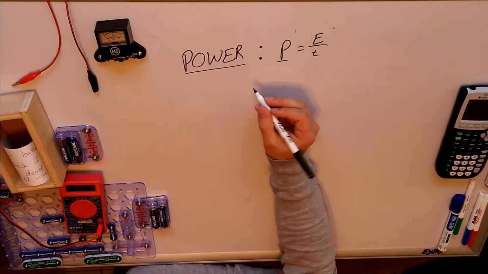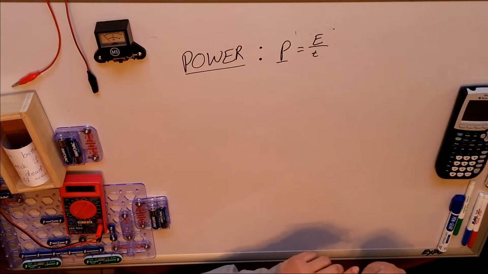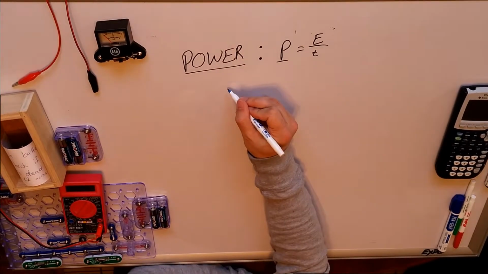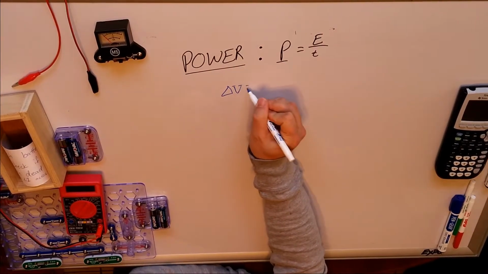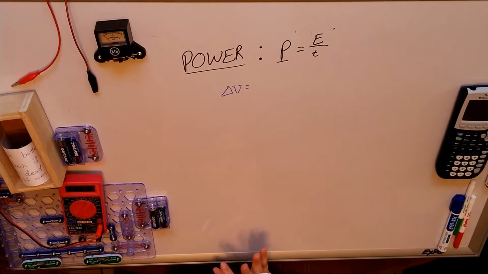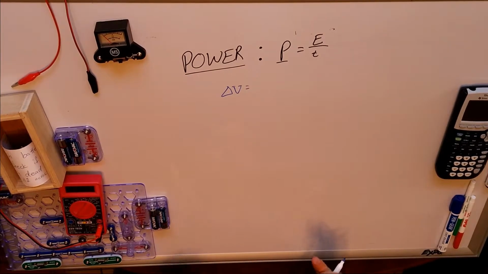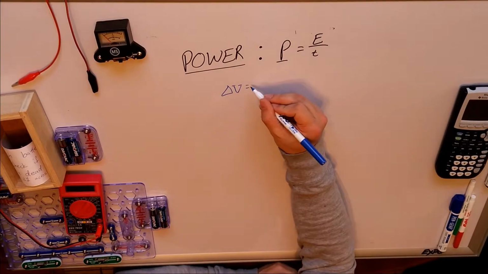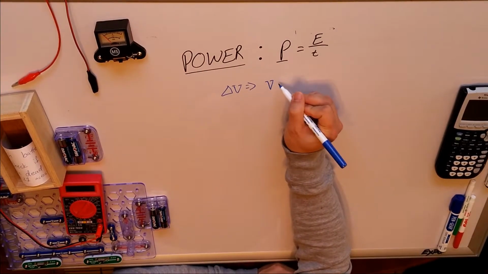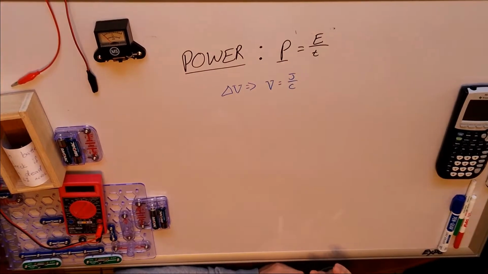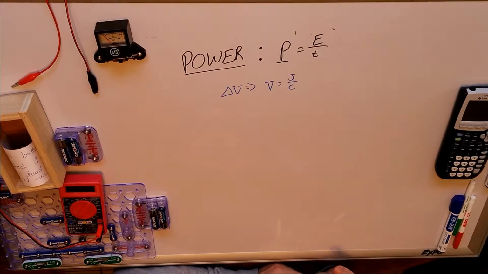So for instance, let's go back a little bit and talk about some of the things that we work with, and it's going to help us put together the power equation itself. Delta V, our potential difference, is the thing that keeps the circuits moving. It's related to energy, but it's not fully energy itself. Delta V is measured in volts, and a volt is equal to a joule per coulomb, so it's energy per charge.